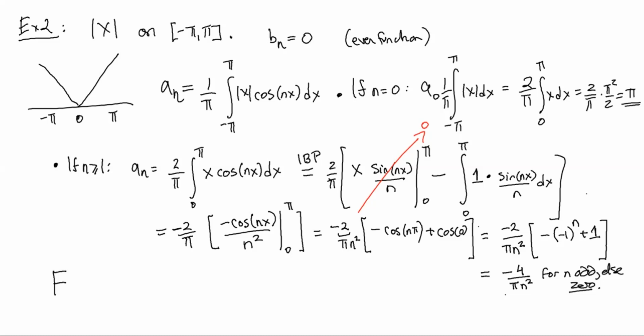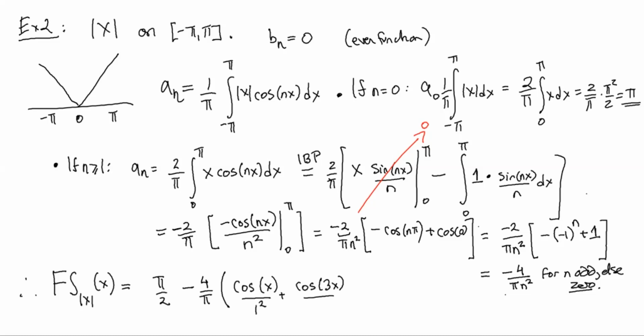The Fourier series of this absolute value function is equal to a naught over 2, so pi over 2, minus 4 over pi times a bunch of cosines: cosine x over 1 squared plus cosine 3x over 3 squared plus cosine 5x over 5 squared, and so on.